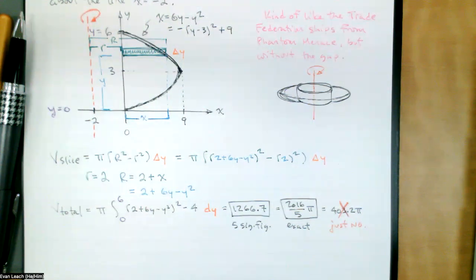I wouldn't mark it wrong if you made this weird fraction, 2016 over 5 times pi. That's the exact answer.